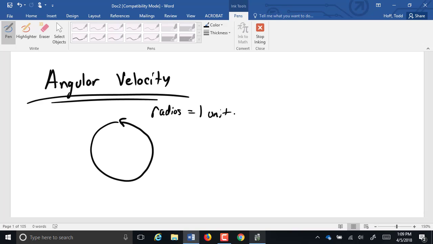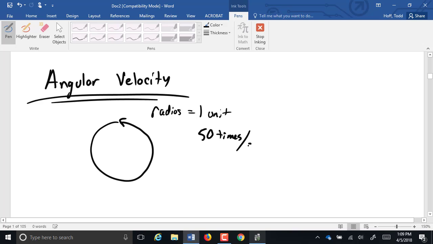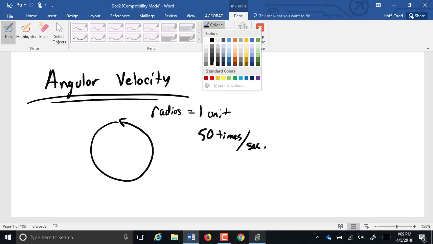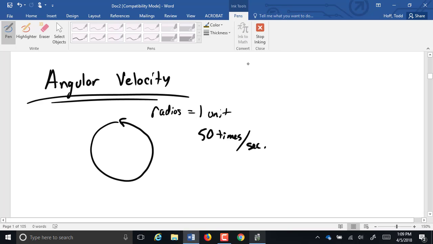Let's say that we go around this circle. I'm going to go 50 hertz, 50 times per second. So the linear velocity is going to be the distance traveled divided by time, right?